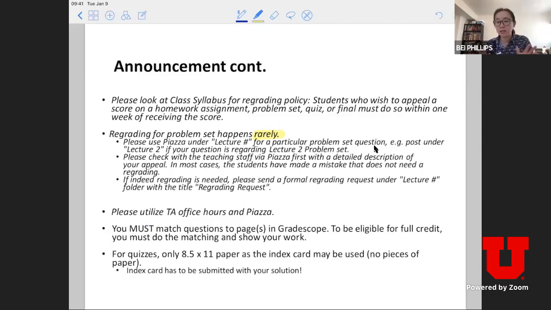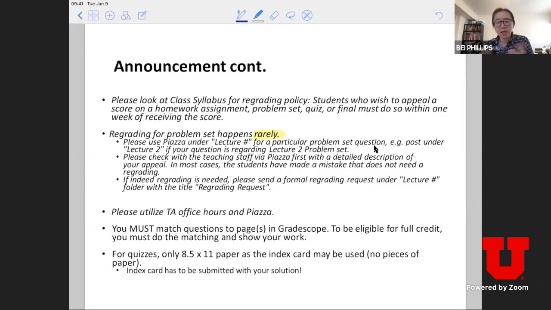Then a specific TA will go look at it and look at the discussion and then go correct your problem set points directly. So this has to be done in a manual process. But again, like I said, in the majority of cases, it actually does not really require regrading. It's more of a clarification and Q&A for those problem sets.